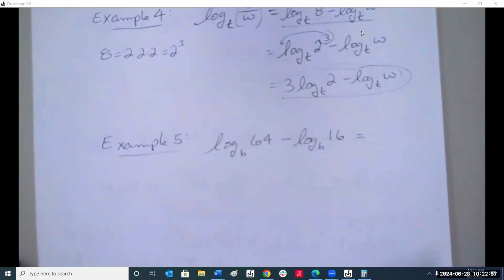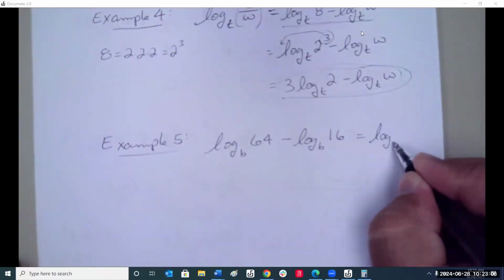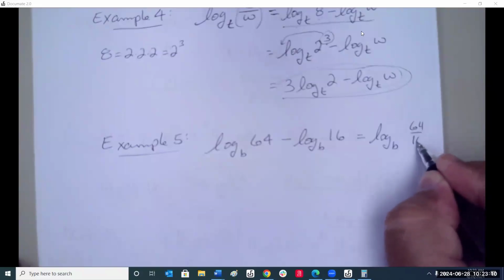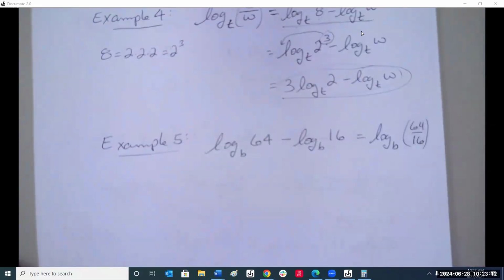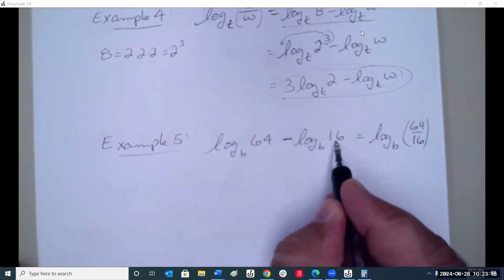Put it where? Yes. Because it's division, this one goes on the bottom.